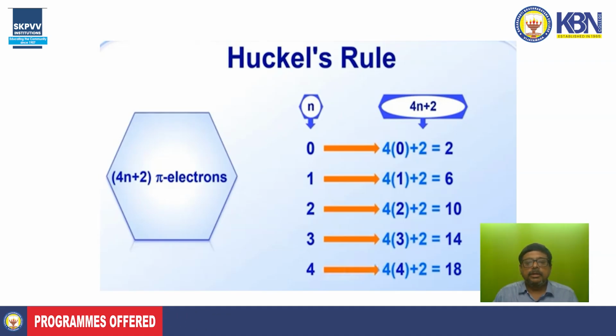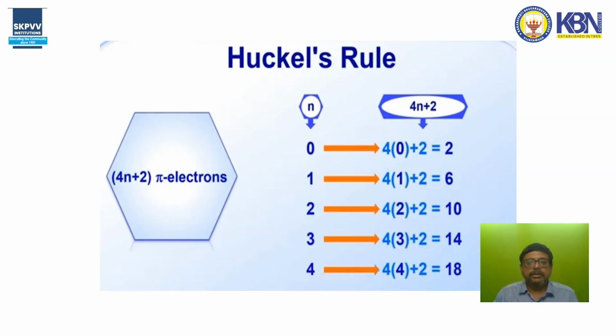Like that, 2, 6, 10, 14, 18 are called the Huckel series. So if n is 0, the Huckel series value is 2. Like that, we can calculate the aromatic character in benzenoid and non-benzenoid compounds.